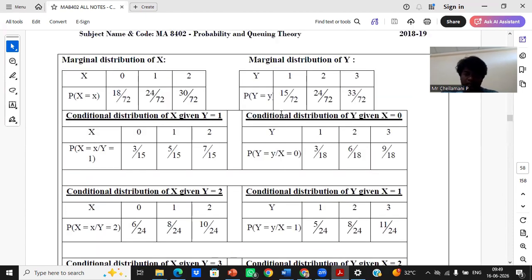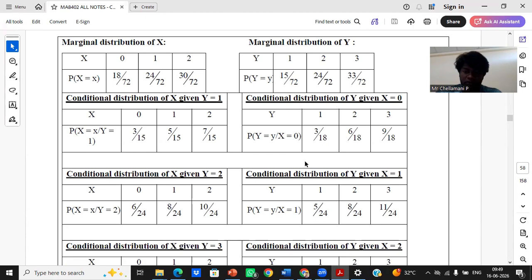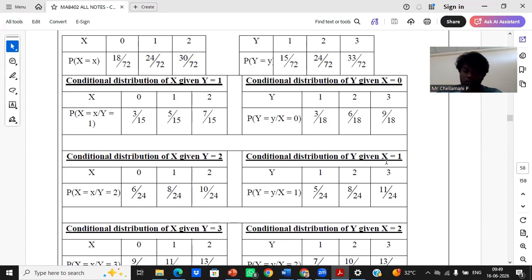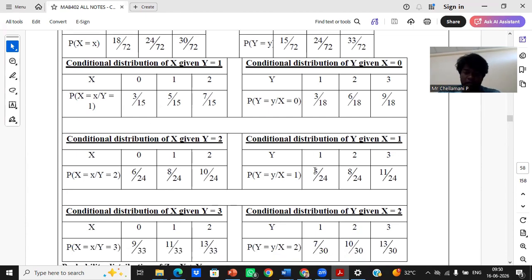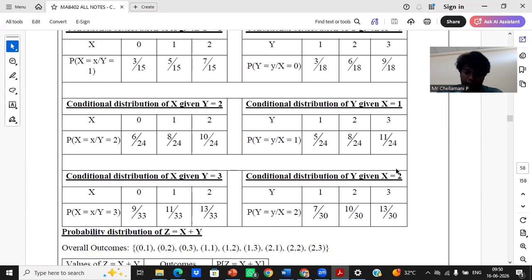Now, here we fix the y value and change the x values. First, x is equal to 0, and we get the values 3 by 18, 6 by 18, and 9 by 18. Changing the x value to 1, we get the values 5 by 24, 8 by 24, and 11 by 24.